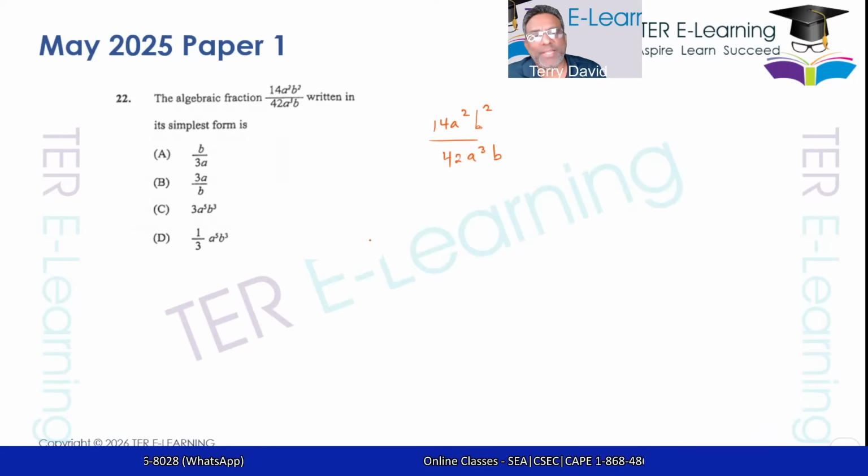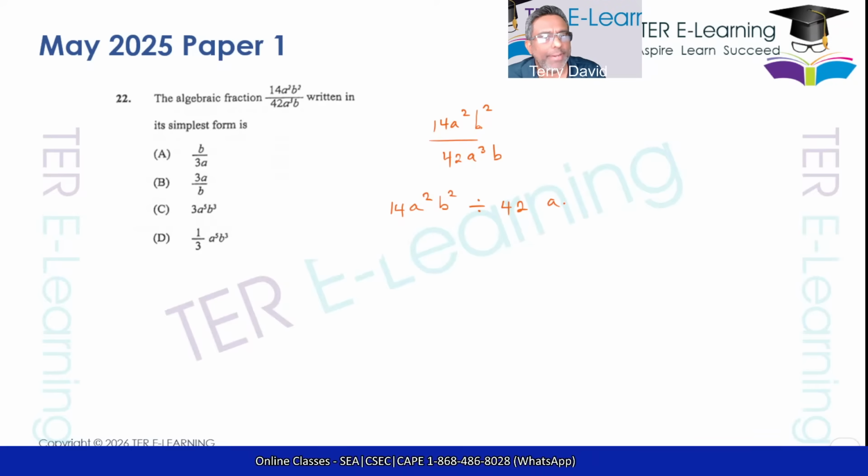So the first thing, if you want, instead of having it written like this, you can write it as 14a squared b squared divided by 42a cubed b, right? Now you're dividing, so the first thing you'll do is divide your numbers here.